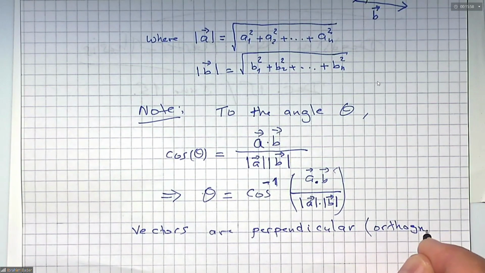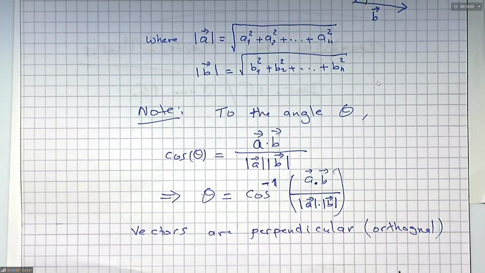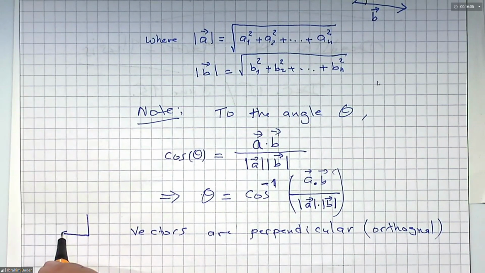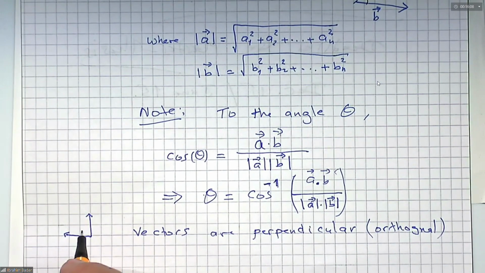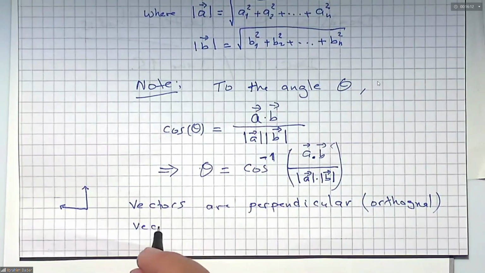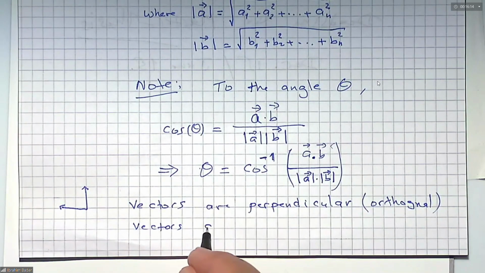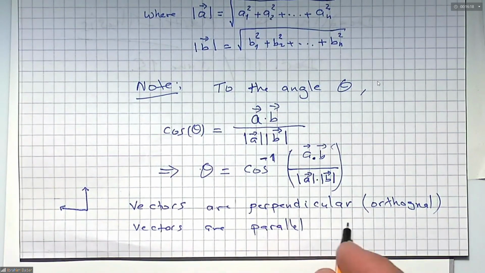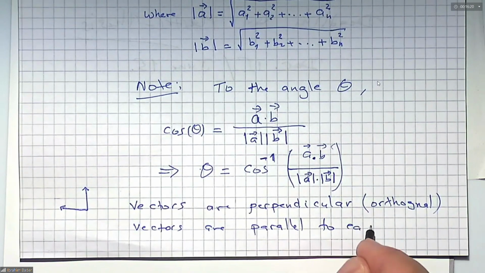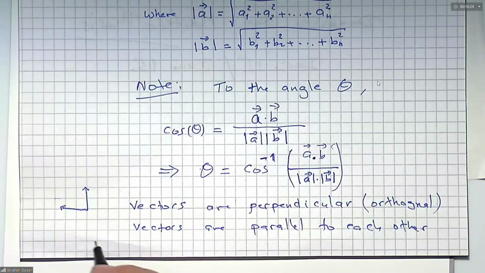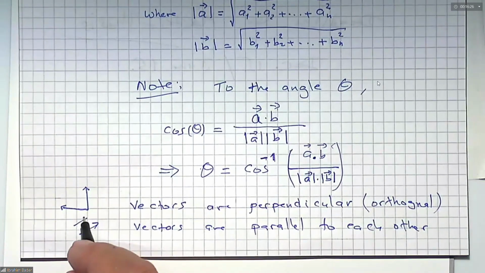I don't know which term you are used to. It means the two vectors have a right angle in between. Or whether the vectors are parallel to each other.